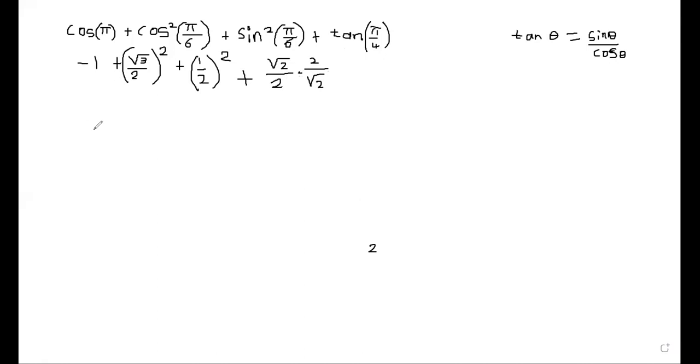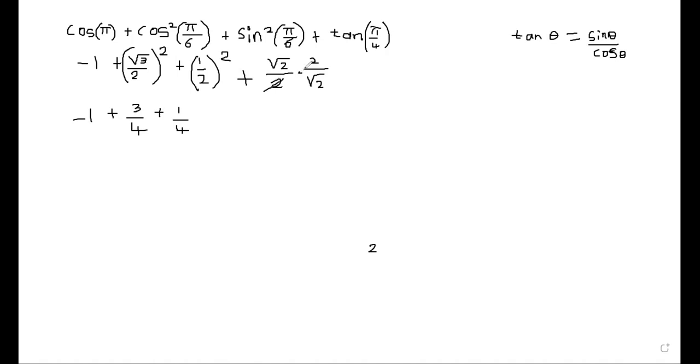Now let's simplify. We have negative 1. Here, if you square a square root, the square root will be removed. If you square 2, you will get 4. 1 squared is 1, 2 squared is 4.